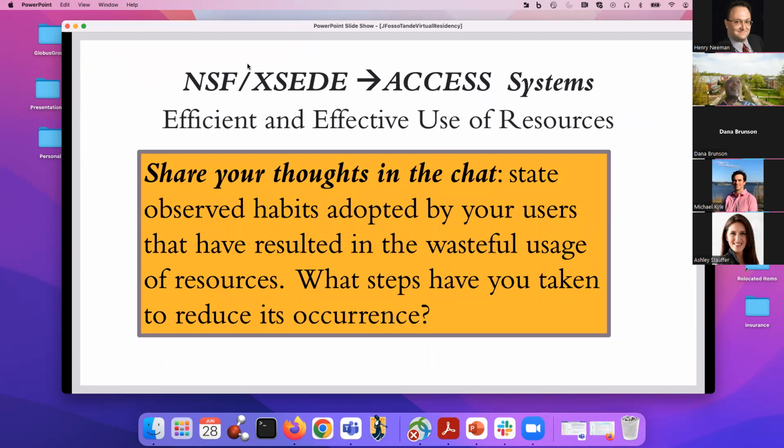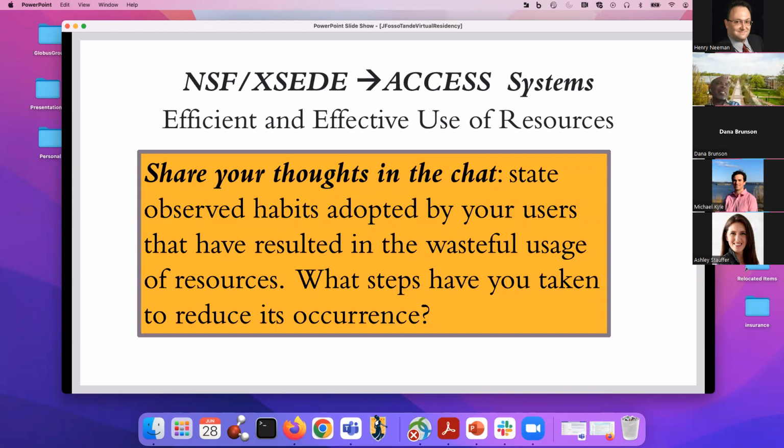So question: efficient and effective use of resources. Share your thoughts in the chat, okay? State an observed habit adopted by your users that has resulted in wasteful usage of resources. What steps have you taken to reduce its occurrence? I know this is something that happens even with people who have been using these HPC resources for a very long time.